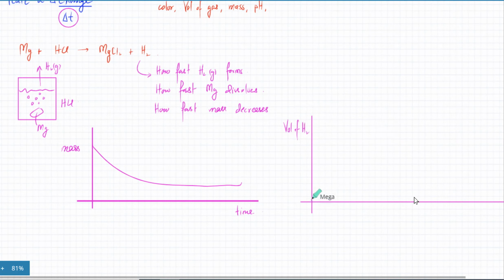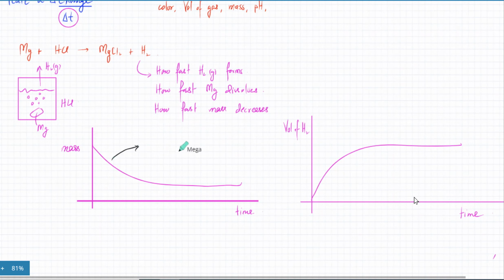And then it's going to go up with respect to time. So the point is, it doesn't matter whether the change is a decreasing change or an increasing change. What you are looking for is the change. And the gradient of such a graph is the rate of the reaction.